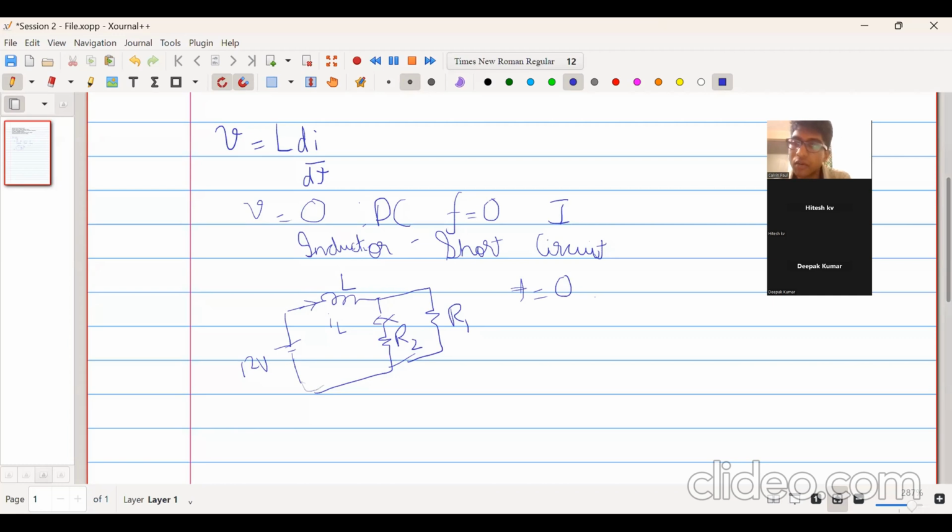So there will be some value of inductor current. What will be the value of inductor current before the switch is closed?